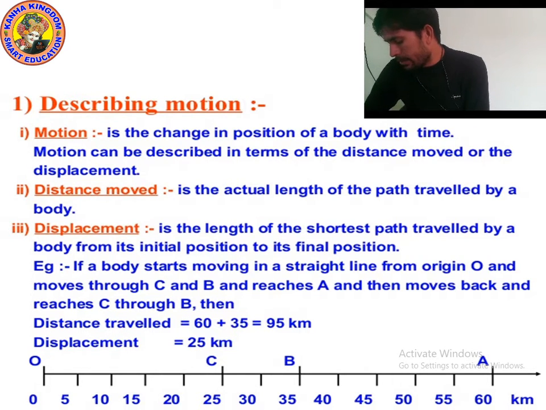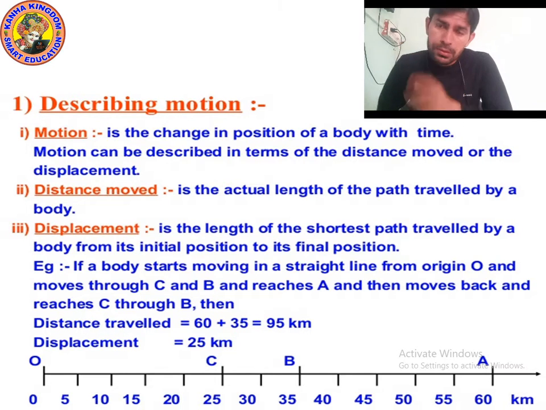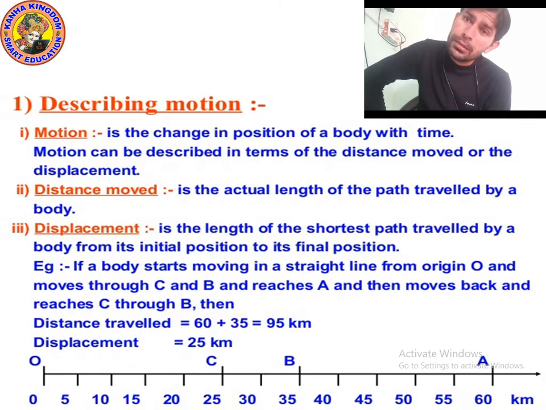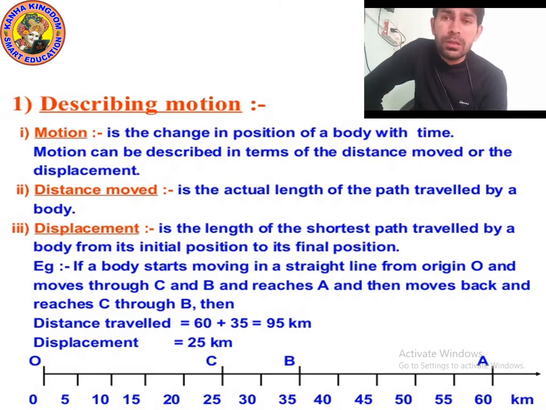What is the distance between Kana Kingdom and your house? Maybe 2 kilometers. You reach your house in 10 minutes, and it takes 2 kilometers of distance.